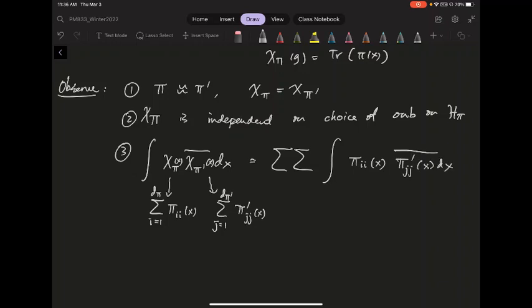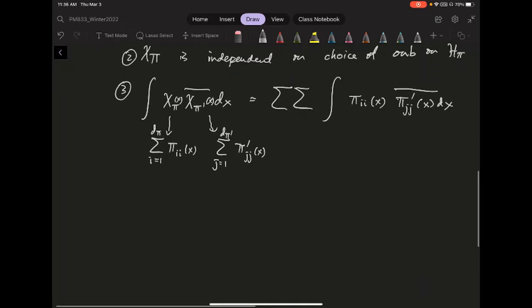All right, and because we have the Schur orthogonality, if you have two things that are not equivalent, then all of these inner products are going to be zero. The only chance you have something non-zero is when pi and pi prime are unitarily equivalent. So here, i is going from 1 to d_pi, j going from 1 to d_pi prime. If pi is not unitarily equivalent to pi prime, then this is clearly 0.